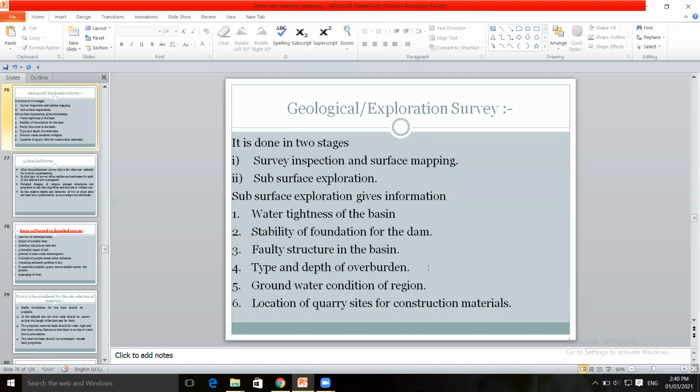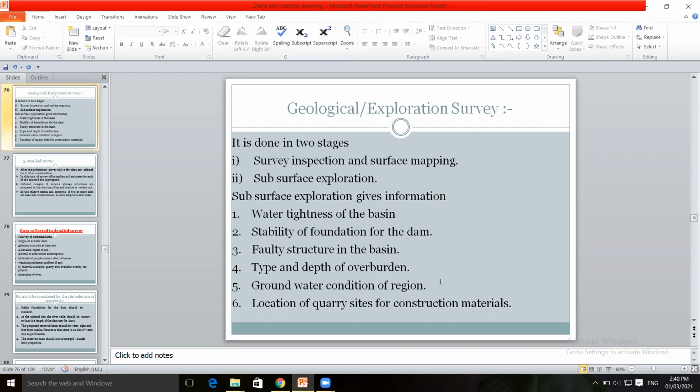Stability of the foundation is decided, whether the dam is safe against sliding, overturning or crushing, that is observed. Faulty structure in the basin is observed, faults or cracks present in the basin in that catchment area, in the reservoir basin, that is decided.